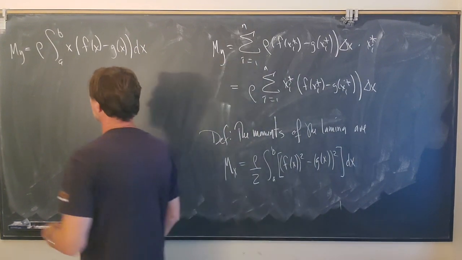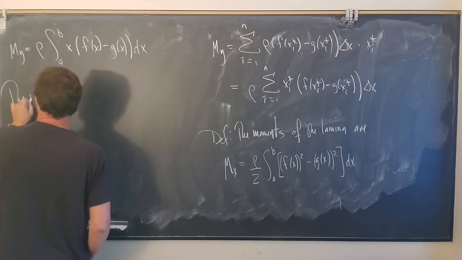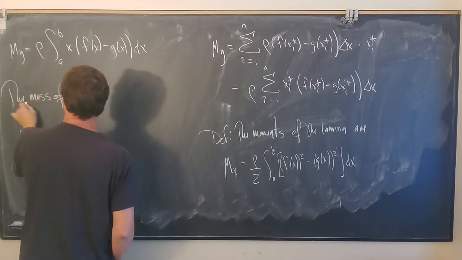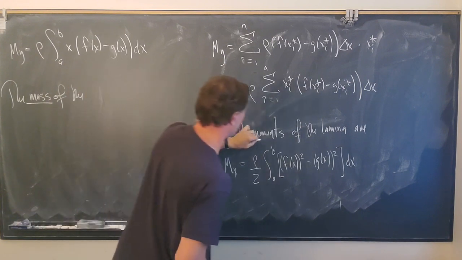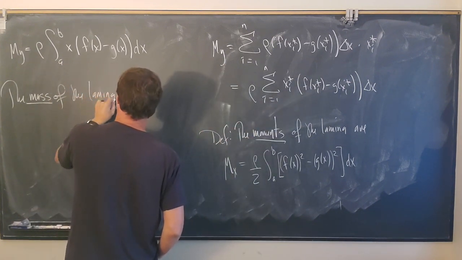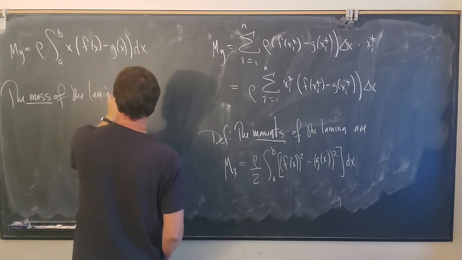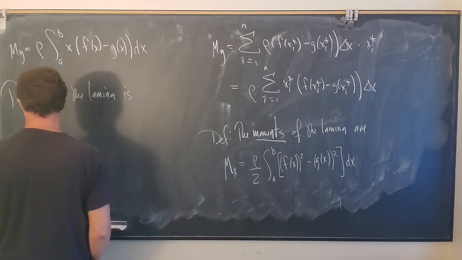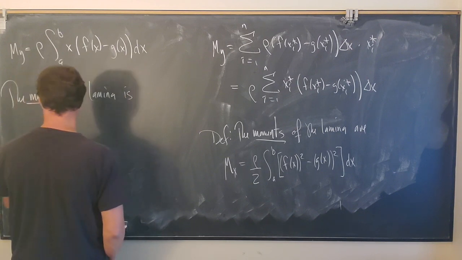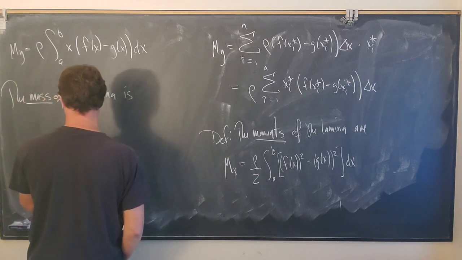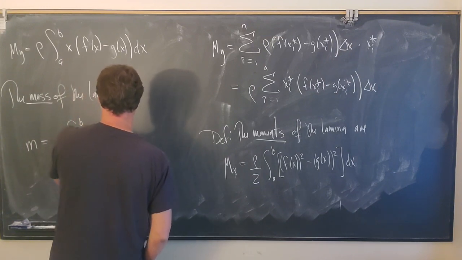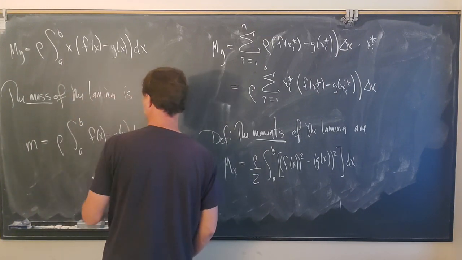There's also the mass, so the mass of the lamina is little m, and it's equal to rho times the integral from a to b of f of x minus g of x dx.